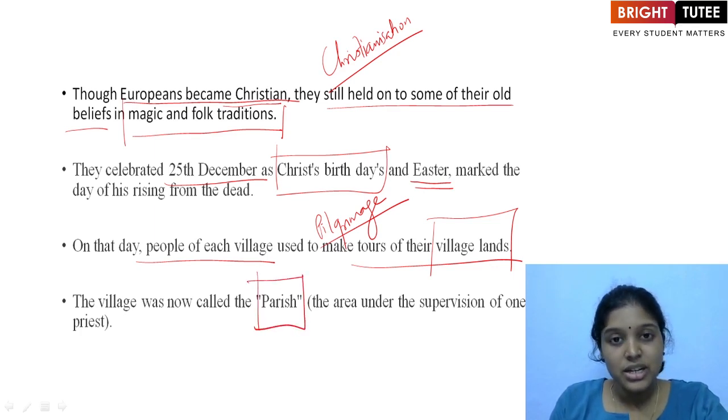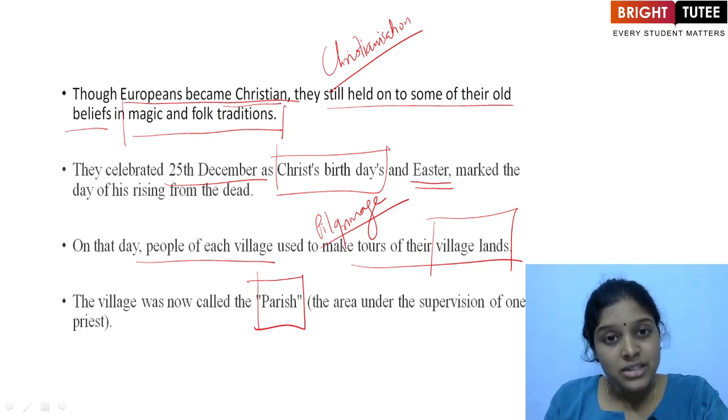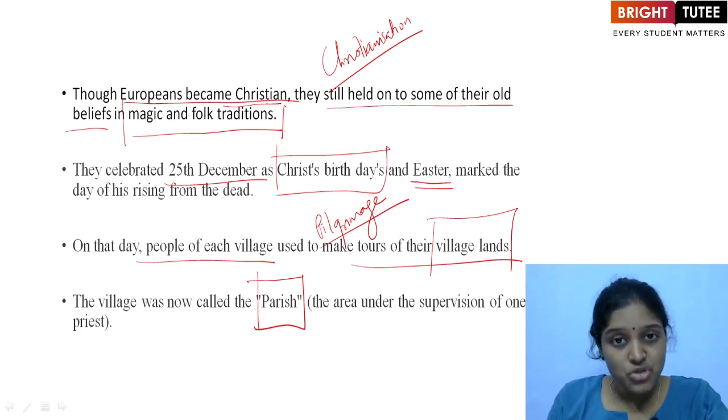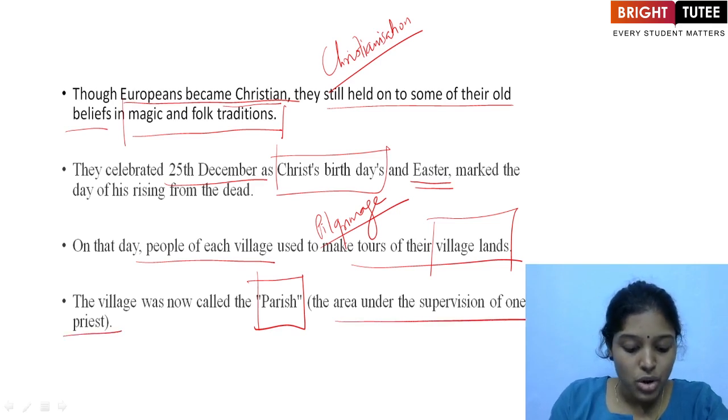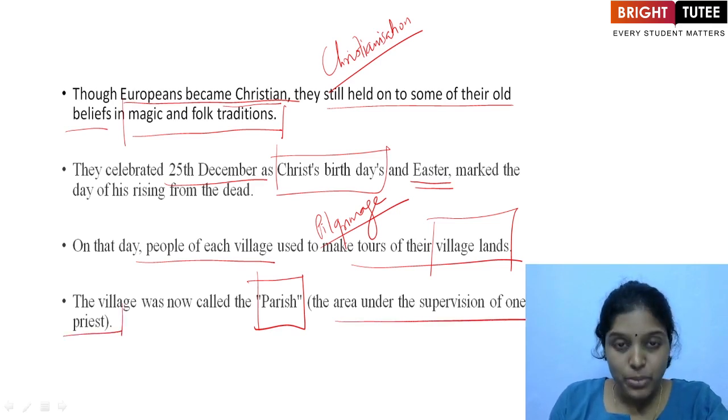So, interestingly, when under the control of the church, each village was now called the parish, which meant the area under the supervision of one priest. So, every parish had a priest as its controller, who was the authority in the church. And every village had a church where they came together on Sundays.